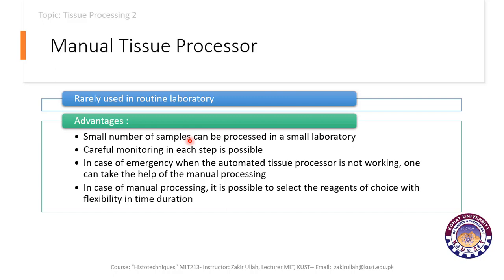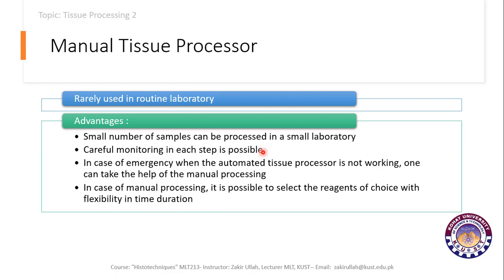Second, careful monitoring is possible in each step if there is any delicate tissue, so we can monitor easily and carefully with the manual processing. In case of emergency when the automated tissue processor is not working, we can perform manual tissue processing, and it is possible to select the reagent of choice with flexibility in time duration.